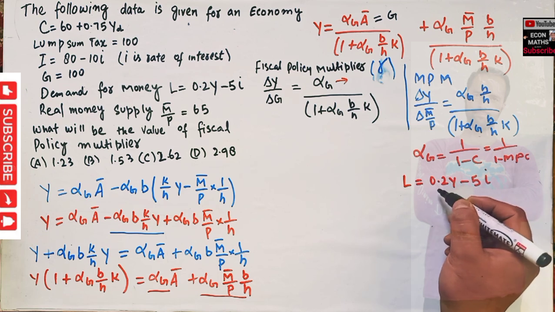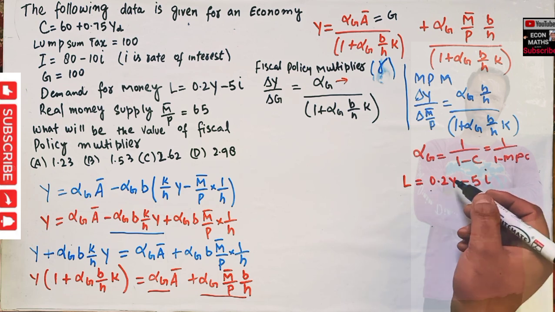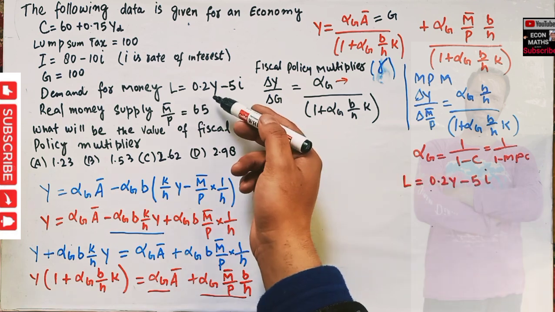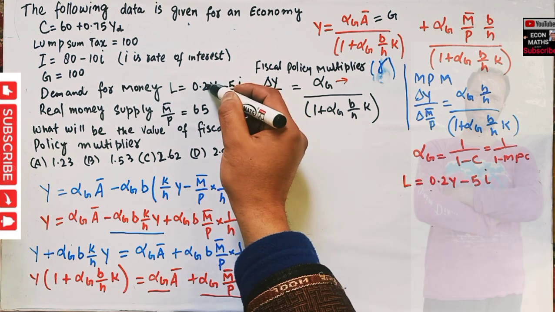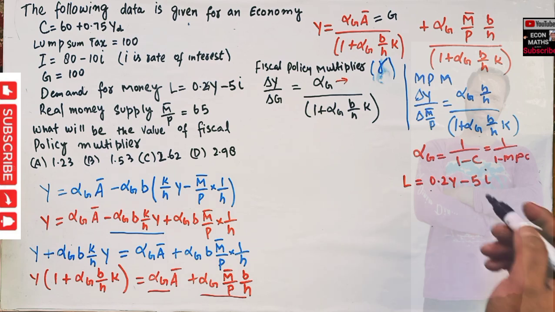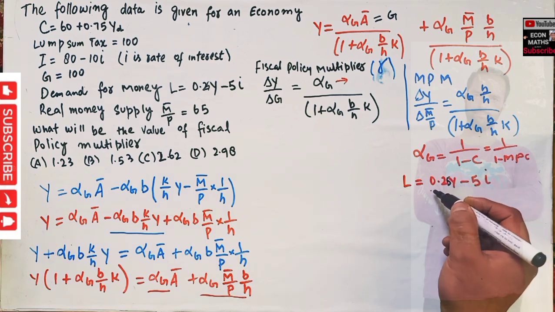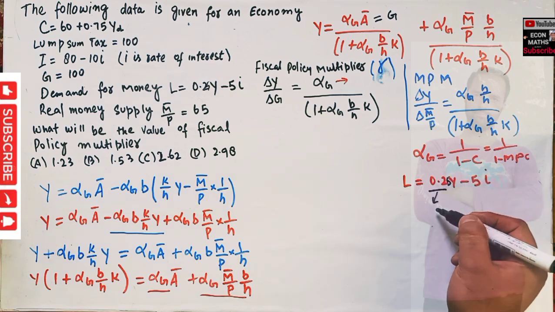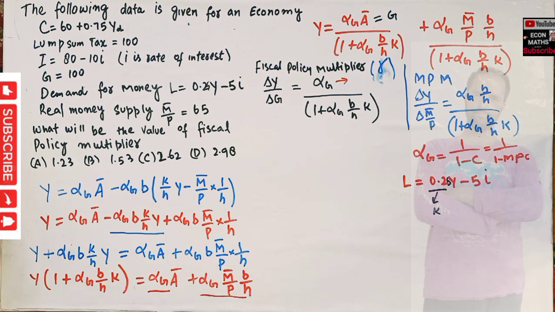This K denotes 0.25, I forgot, this is 0.25. This is our K variable, the coefficient of Y, and this 5 is our H.